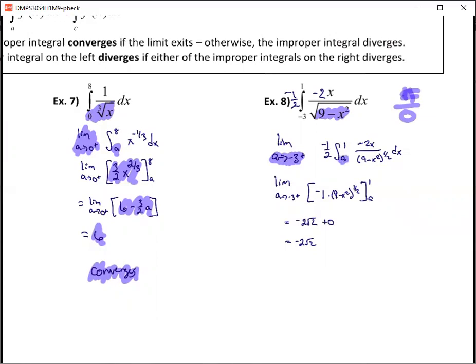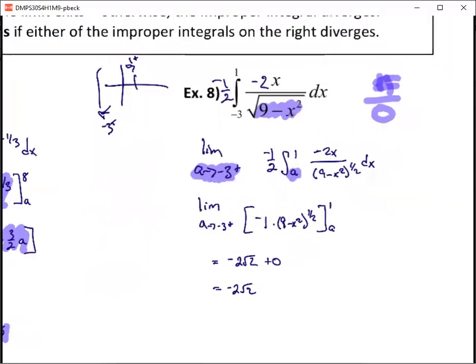As a quick visual, we're integrating from -3 to +1. Our lower limit is going to be approaching -3 from the positive side. But anyway, going back to the actual problem.